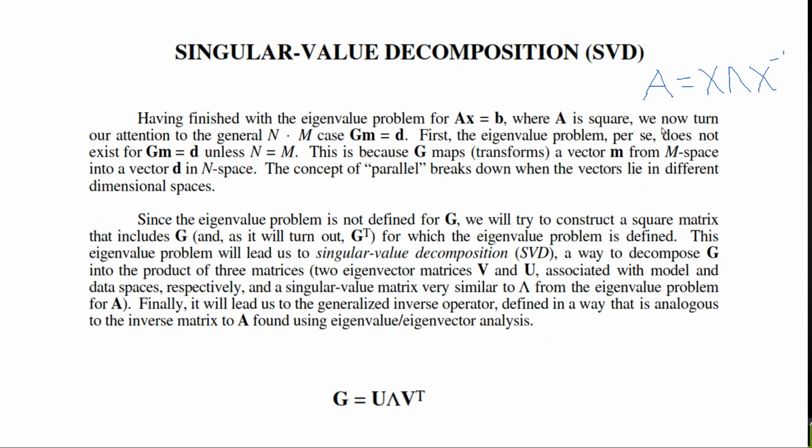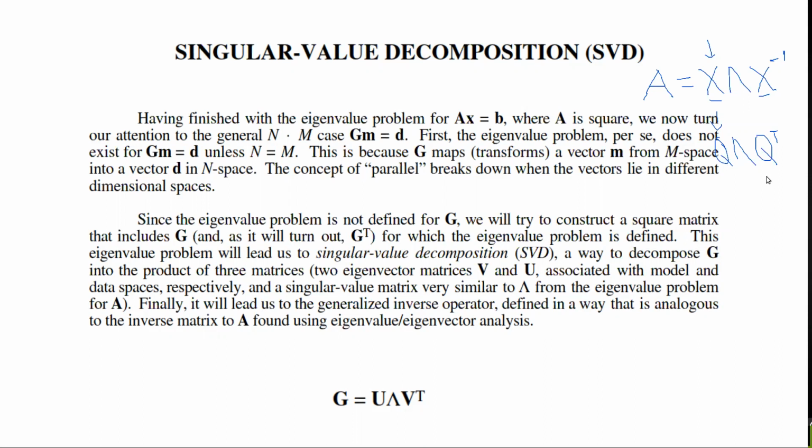Then we said that for these X, the eigenvectors, we can make them unit vectors and orthogonal, so that the matrix becomes an orthonormal matrix Q. The matrix doing the decomposition will be an orthonormal matrix Q, and the inverse will be just the transpose.